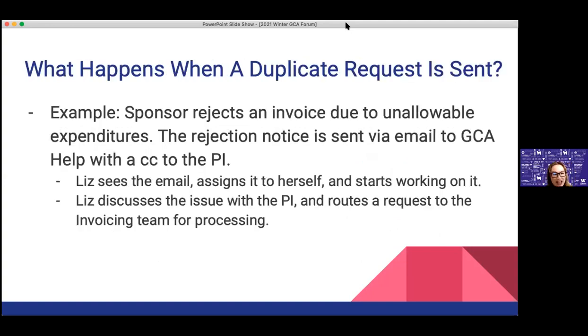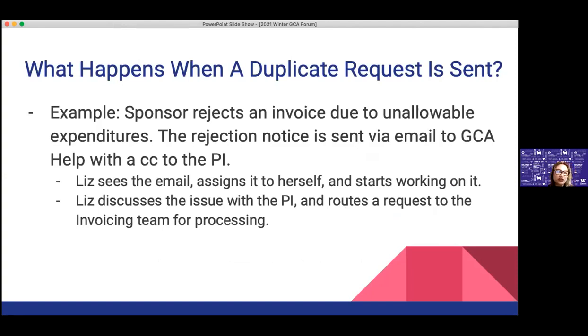All right. So what happens when a duplicate request is sent? I'm going to go over a very classic example of a duplicate request we see almost all the time. We send out our invoice or report, and the sponsor will come back and say they're rejecting the invoice because they found some unallowable expenditures, and they want us to fix the invoice and resubmit.